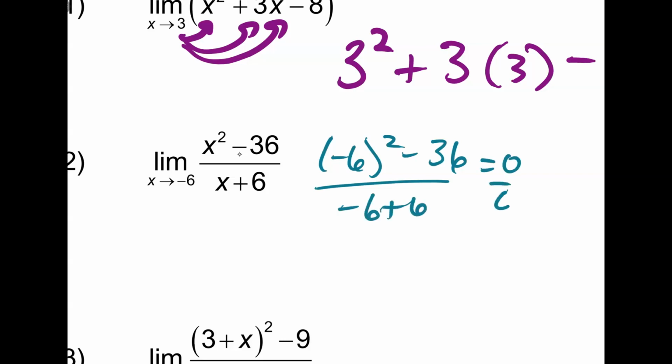We get 0 over 0. Do we remember what this is called? 0 over 0 has a very specific name.